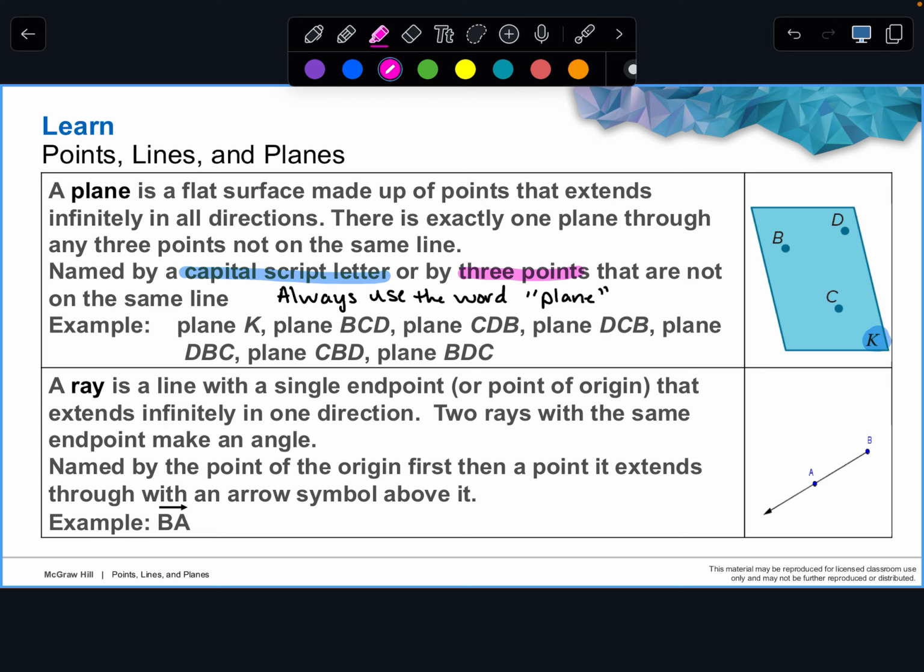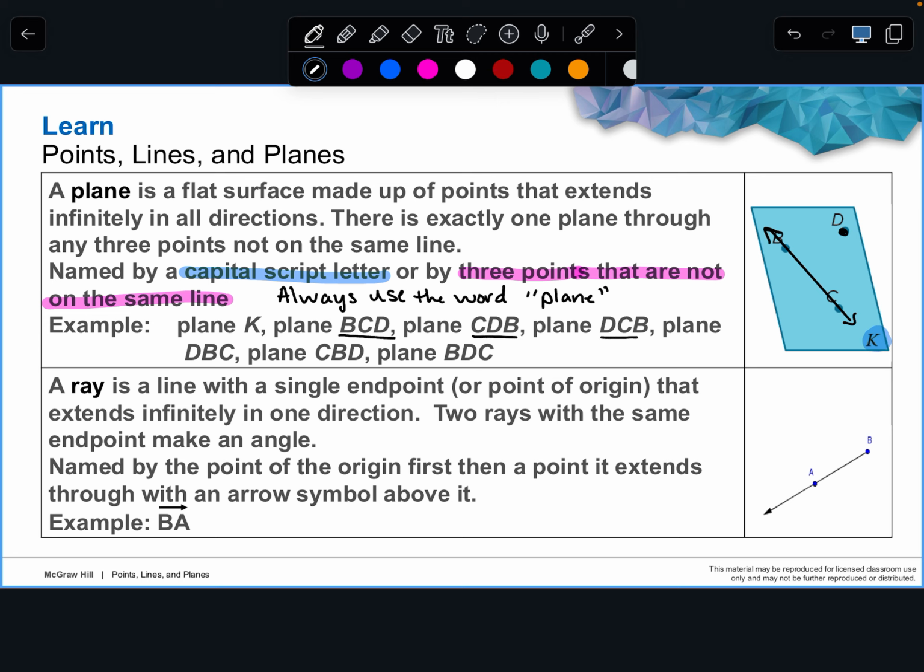And I better keep highlighting: 3 points that are not on the same line. They may not be on the same line. So if you can draw a line through the 3 points, they cannot be used to name the plane. So like BCD, if I draw a line through B and C, D is not on that same line, so I can use BCD. But I could also call it CDB.